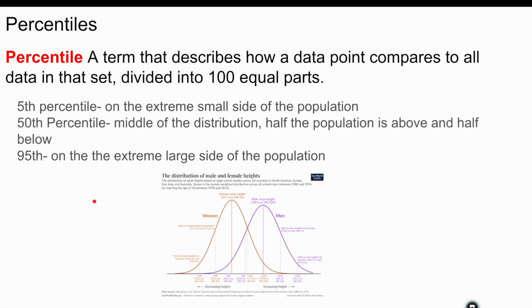The 50th percentile is right in the middle of the distribution, so half the population is above and half the population is below. The 95th percentile is on the extreme large size of the population, and in that case, only 5% of the population would be above the 95th percentile in the distribution. And these are just height distributions for men and women.